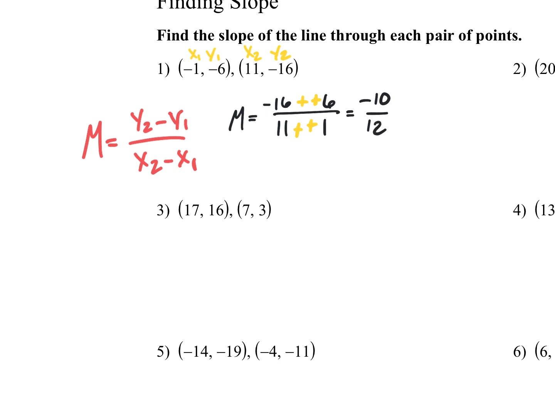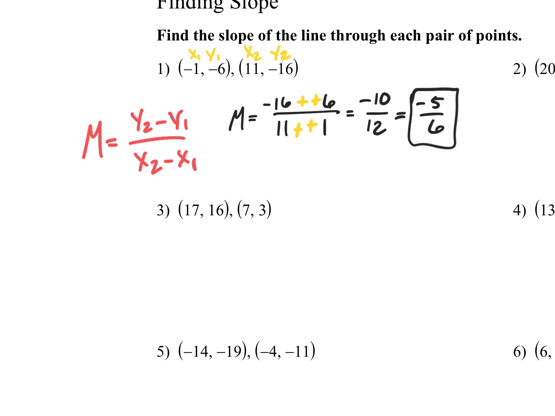Now, this is a correct answer, but it is not a simplified answer. What number goes into both 10 and 12? 2. So if you divide both of those by 2, you end up getting negative 5 over 6. And that would be your final answer because that is your slope. Questions? You good? All right.